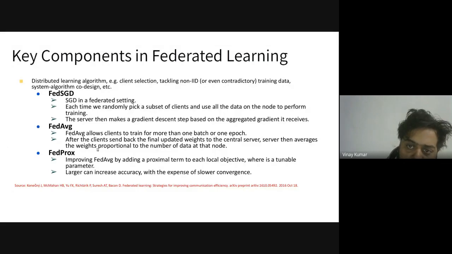The second one is the federated averaging perspective. Federated averaging will update the weights or parameters of the particular model, not of the SGD. For federated SGD, your federated setting is used within the SGD architecture.